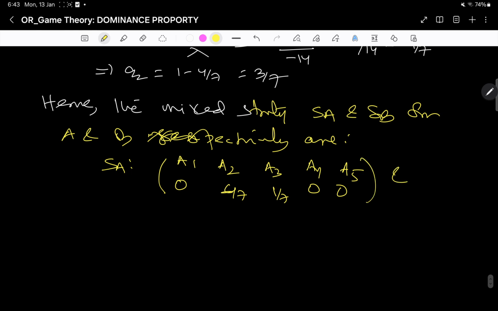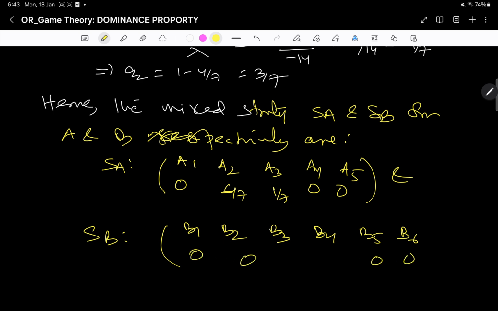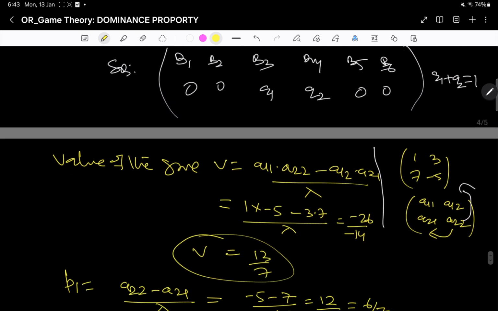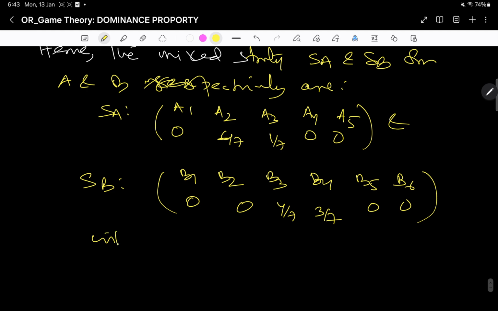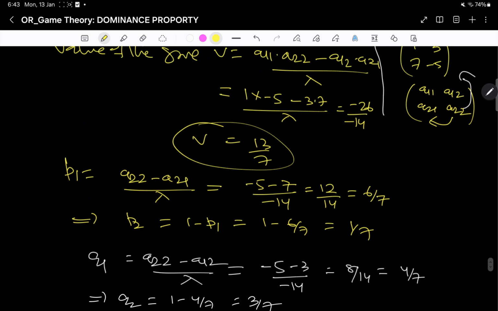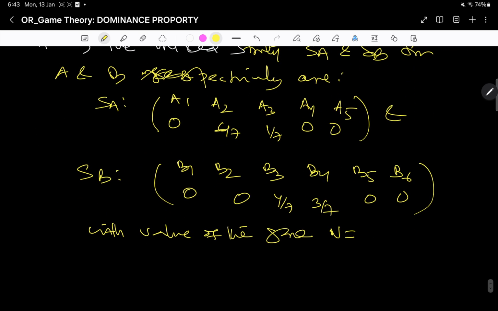For SB, it is B1, B2, B3, B4, B5, B6. This is already 0, 0, and this is 0, 0. 3 and 4 are there only. And Q1 is 4 by 7 and Q2 is 3 by 7, with value of the game V we got as 13 by 7. So this is your answer. Okay.